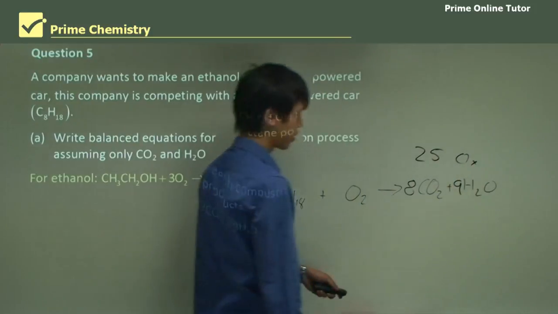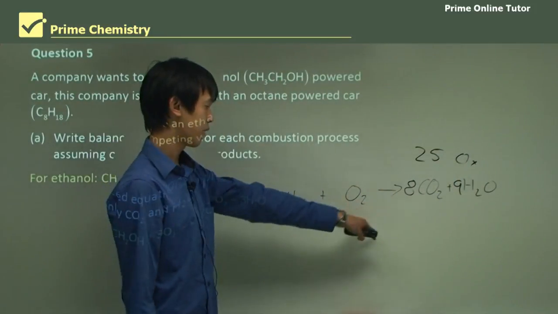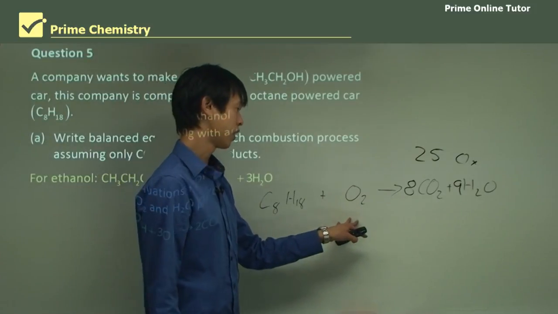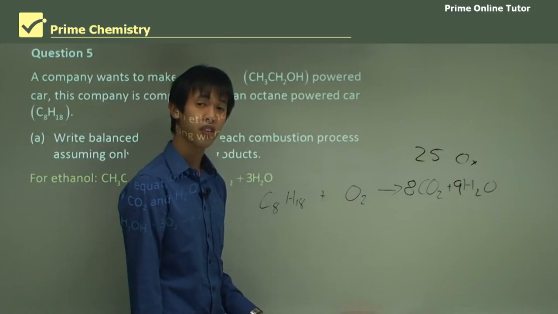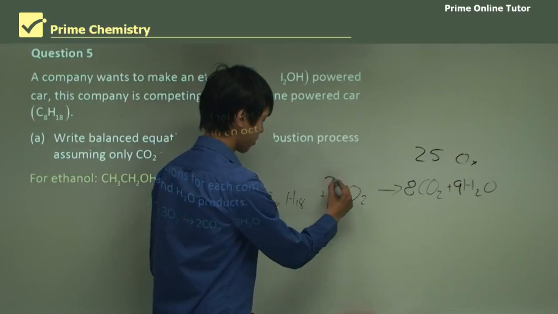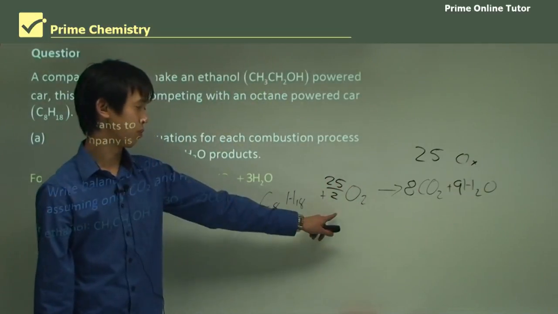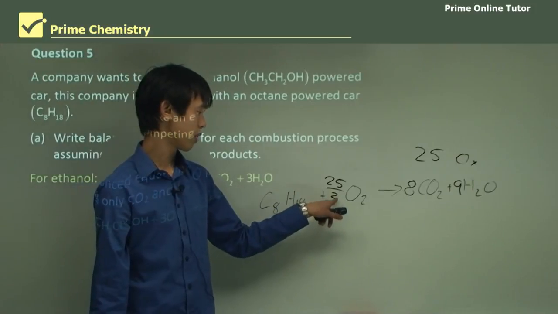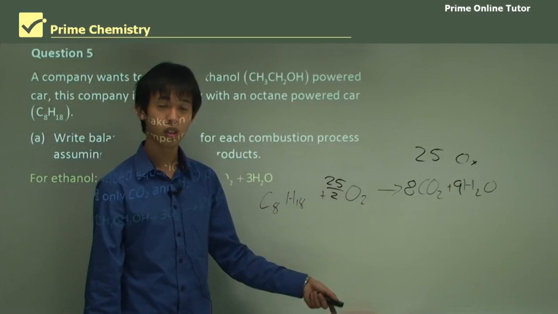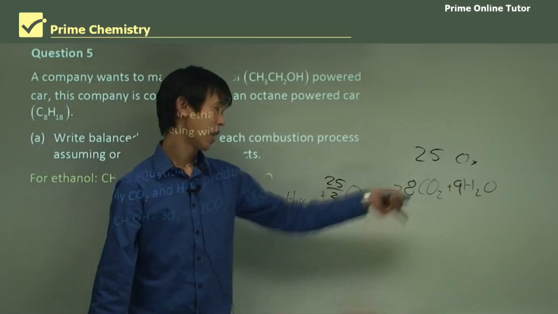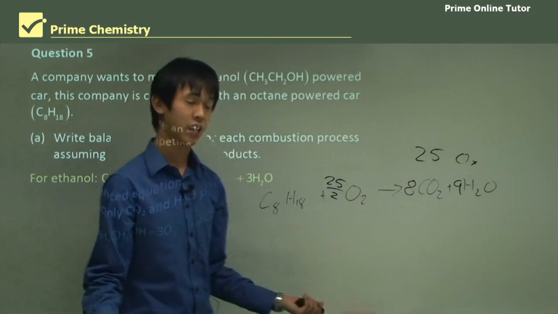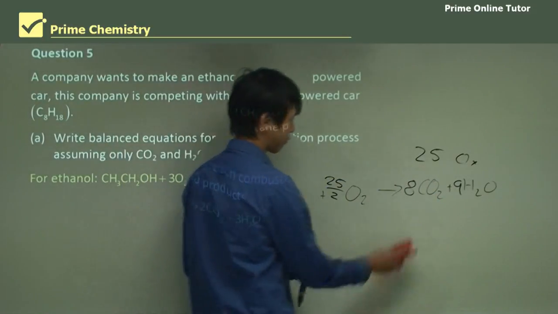So we have 25 oxygens on the right-hand side, but now we have only 2 on the left-hand side. So how many times does 2 go into 25? Well, it actually only goes in 25 on 2 times. So 25 on 2 times 2 gives you 25, and we have 25 on this side, so we're balanced. Okay?